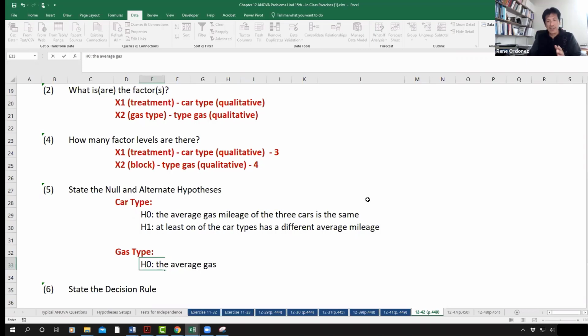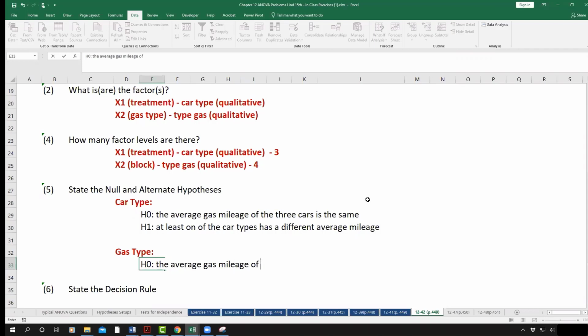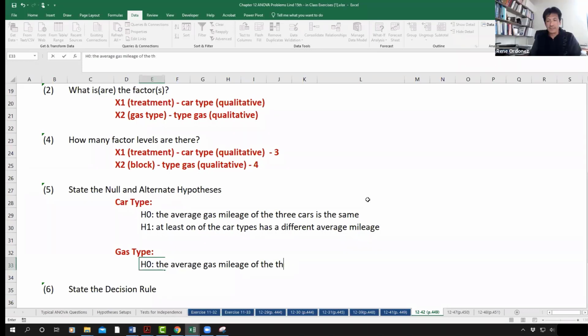Yeah, the average gas mileage of the different types of gas is the same. We'll just complete this for all gas types.